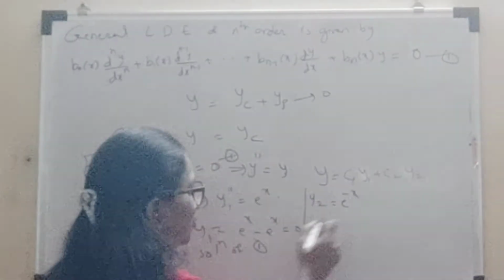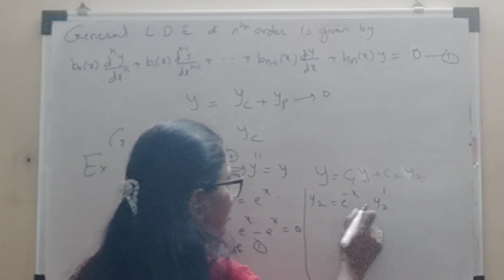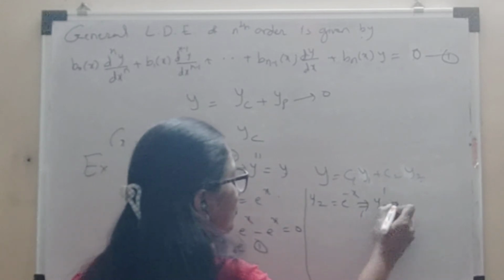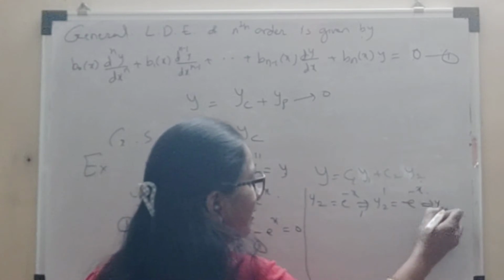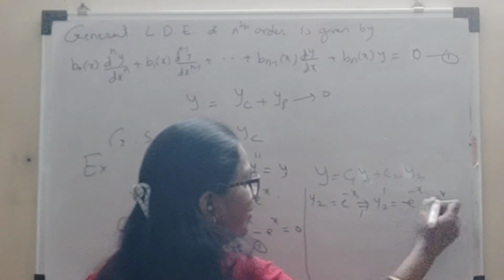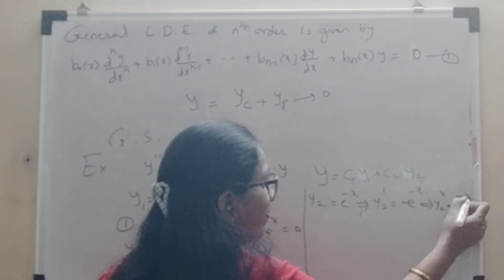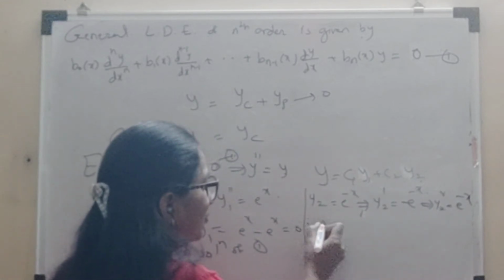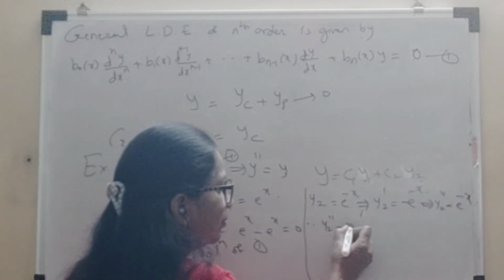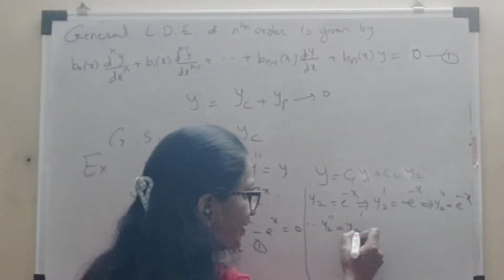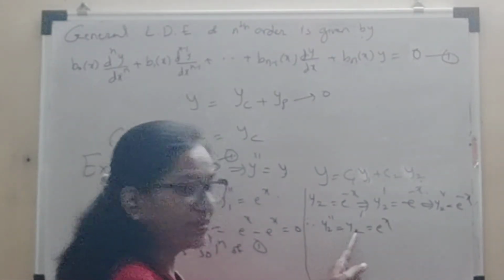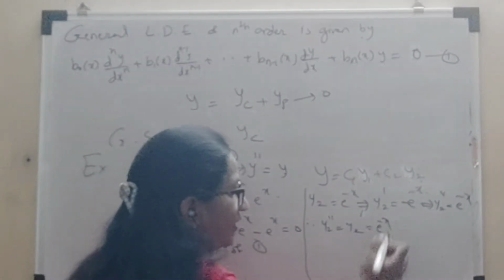So what will be y2 dash? y2 dash is equal to minus e raised to minus x, and y2 double dash is equal to minus minus plus e raised to again minus x. So therefore y2 double dash is equal to y2, is equal to e raised to minus x.